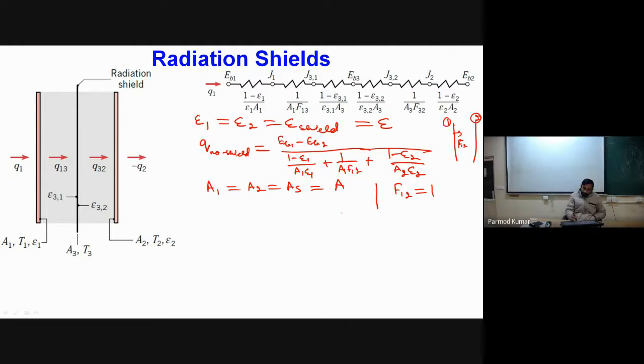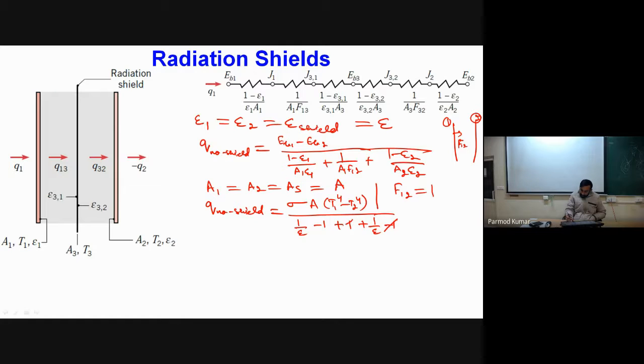Okay. So under that scenario, Q no shield will become sigma. If I multiply both sides by area, so sigma into A into T1 power 4 minus T2 power 4 divided by this will become 1 by epsilon minus 1 plus this entire will become 1 plus 1 by epsilon minus 1.